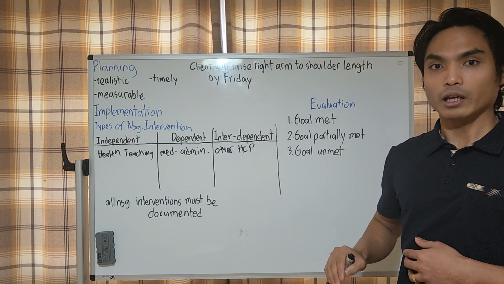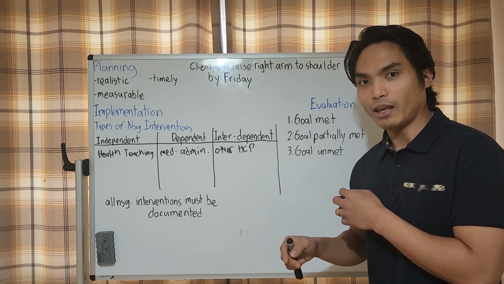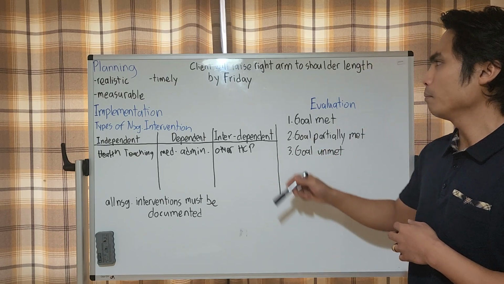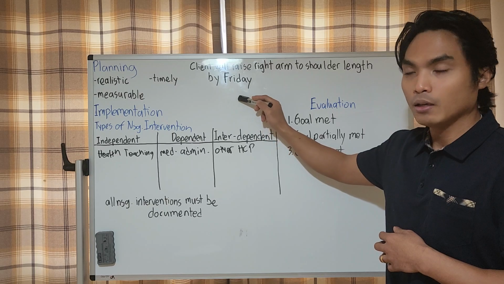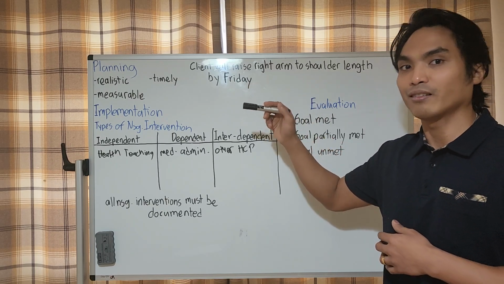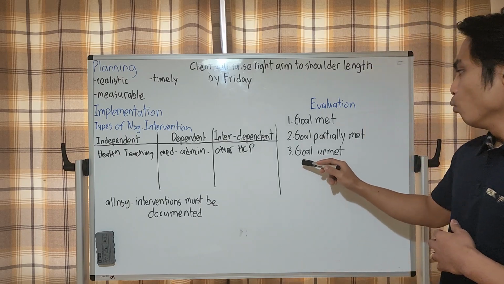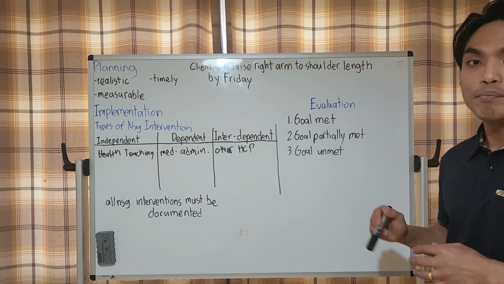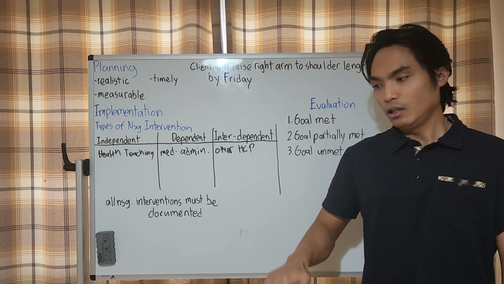So what we do with the nursing care plan? We modify, we change it. So maybe we need to adjust the date. By Friday, we'll change it into by Sunday or by next week, right? What if it's goal unmet? The client doesn't lift it at all.